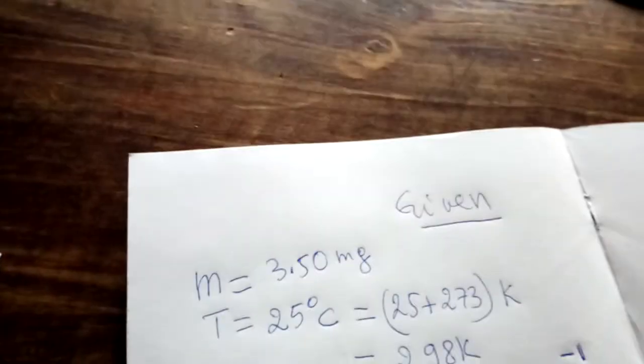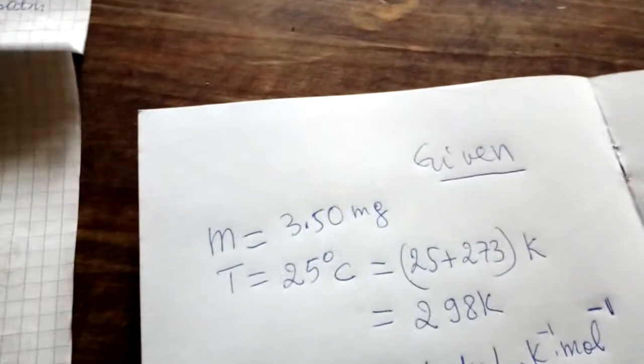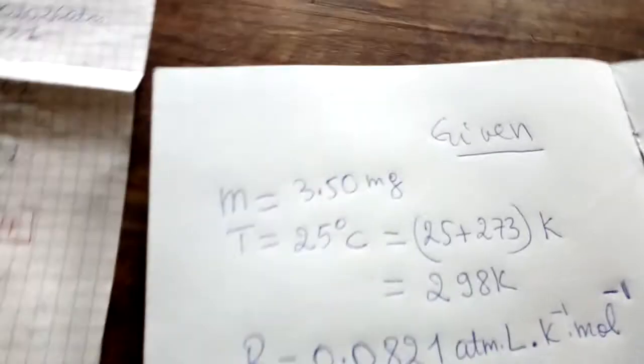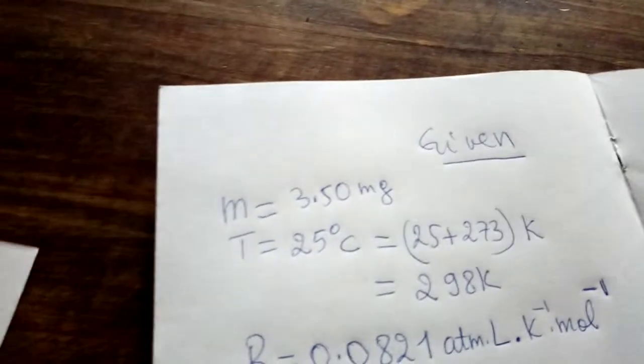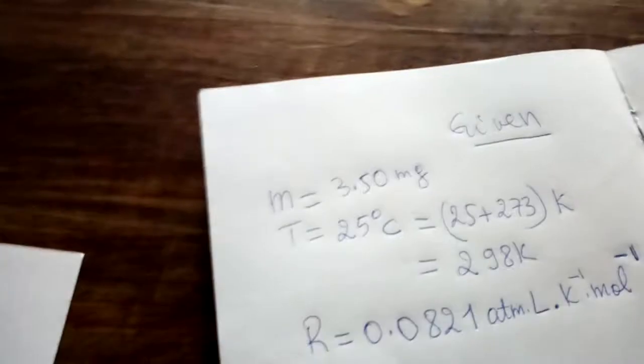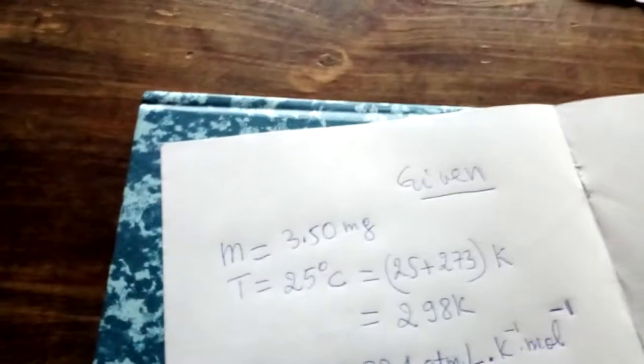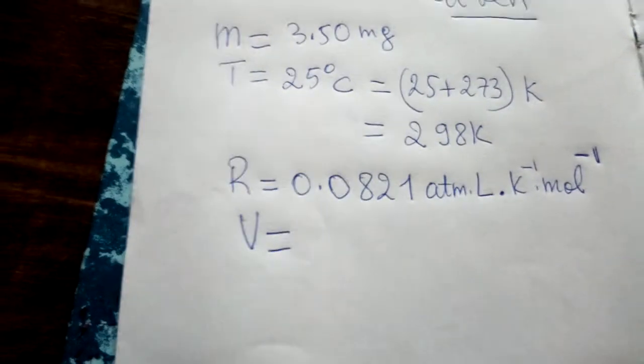But we cannot ignore that we also have the volume, because the volume is also given. The given volume is 5 milliliter.